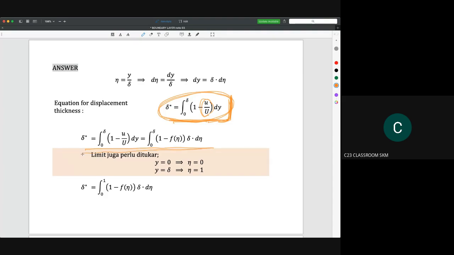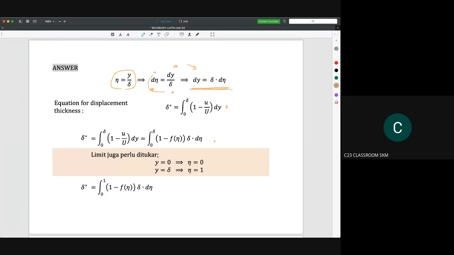I will explain the transformation from the equation here into the equation here. First, we assume that eta is equal to y over delta. If we do the differential, d eta is equal to dy over delta, and then we could change it into dy equal to delta d eta.